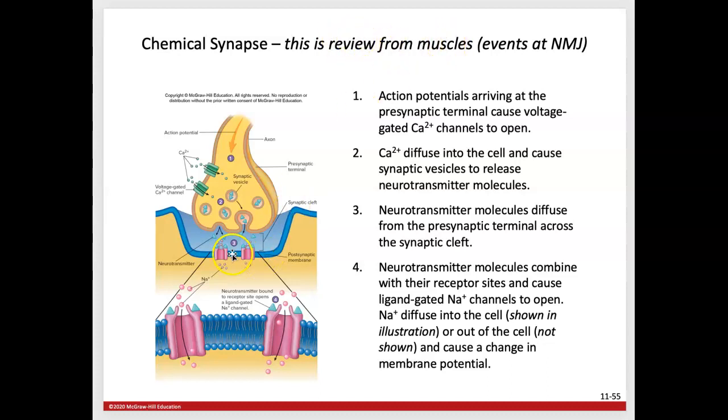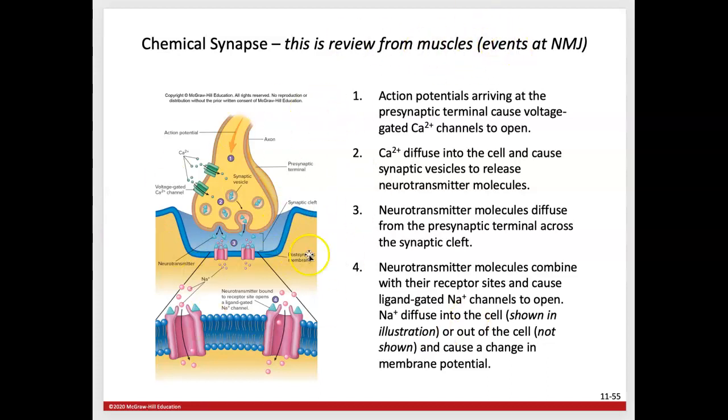So anyway, once those gates open and allow sodium to enter, the neurotransmitter causes a change in the membrane potential, allowing the signal to travel along the cell membrane, and then either to the next cell or causing something to happen, whether it be the muscles contracting or a gland secreting something.